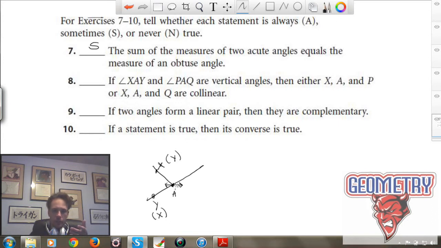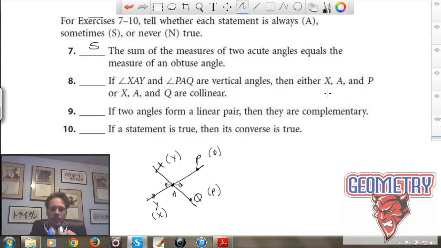Something like that, about as close as we're going to get. So PAQ. Now again, we could flip Q and P. So those are our only options. These are all our combinations of how the letters could look, with A being the vertex that binds those two angles together in order for them to be vertical.